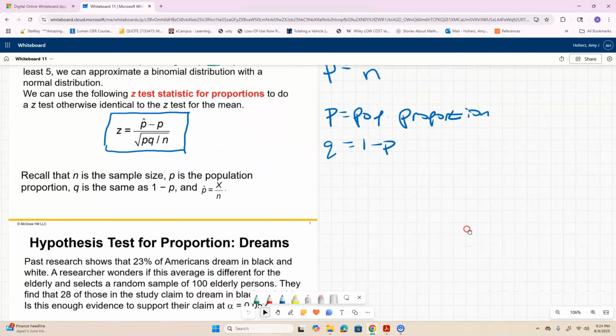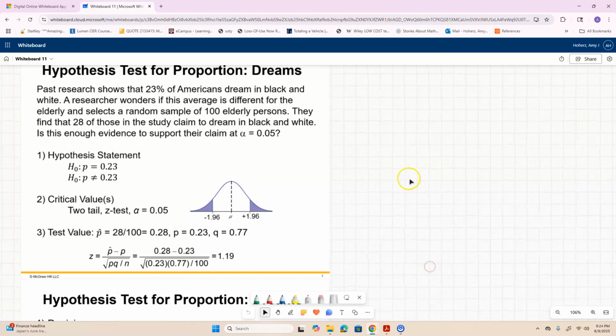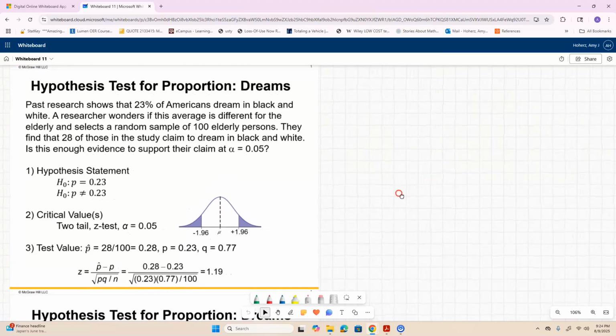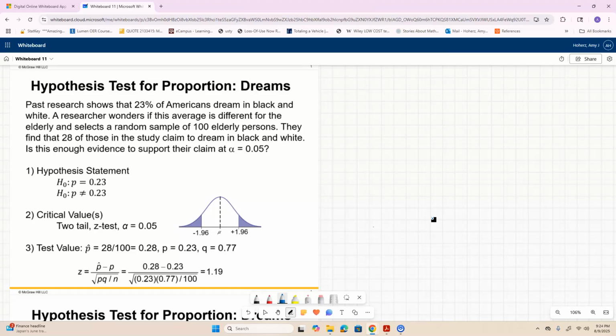So let's look at a problem that uses the test for proportion. This is what these types of problems will look like. A big hint that it's a proportion problem is you will see percentages instead of averages.